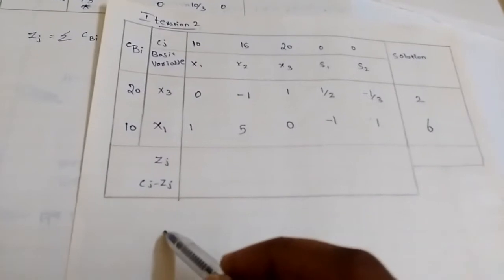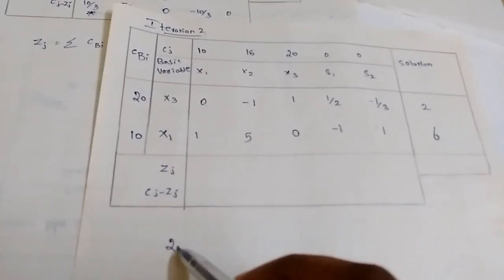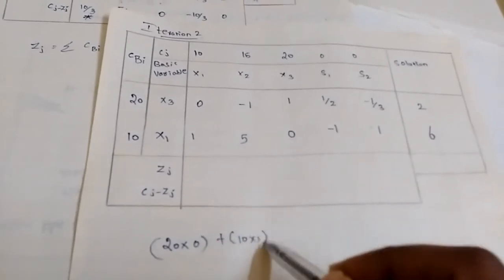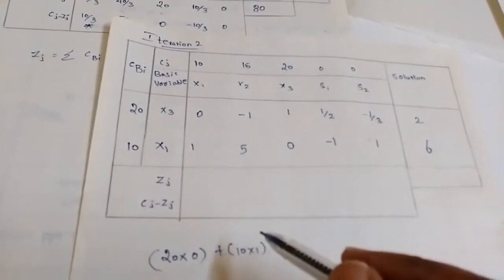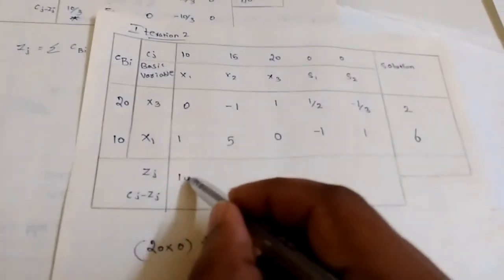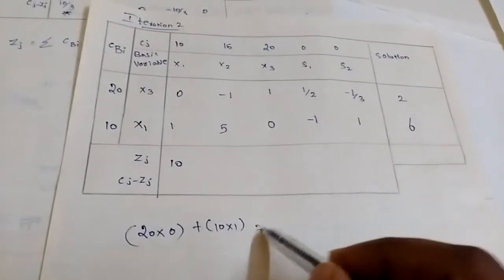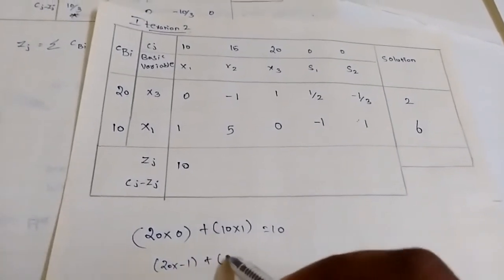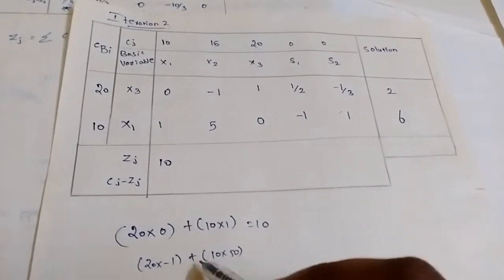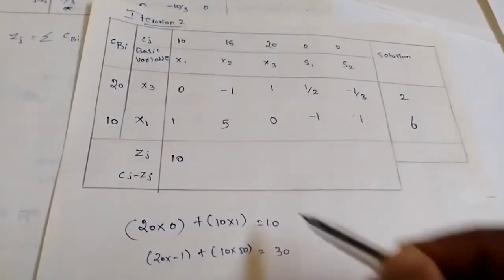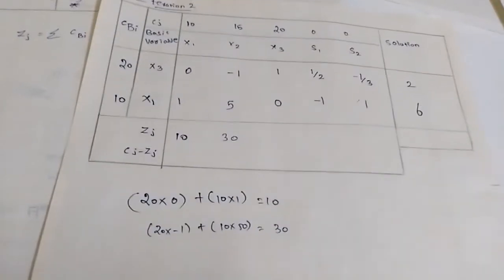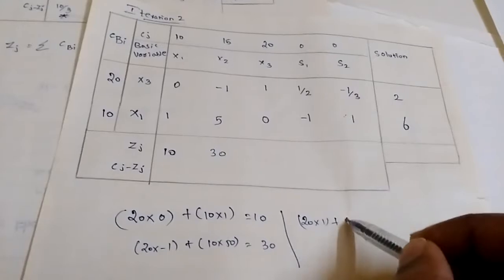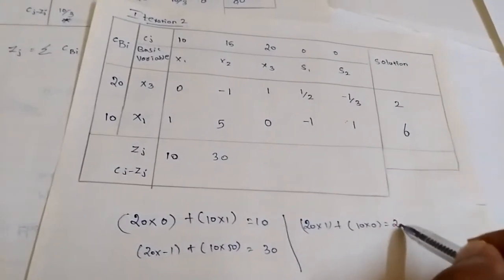What is the first value of Zj? CB 20 into 0 plus 10 into 1, 10. Similarly for the second one, 20 into minus 1 plus 10 into 5, minus 20 plus 50, it will come as 30. Then 20 into 1 plus 10 into 0, it will come as 20.